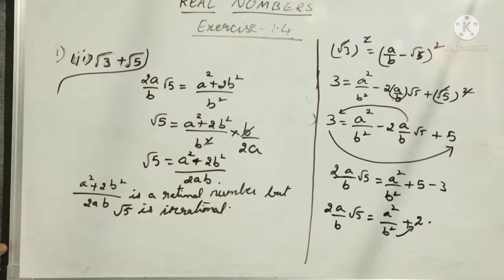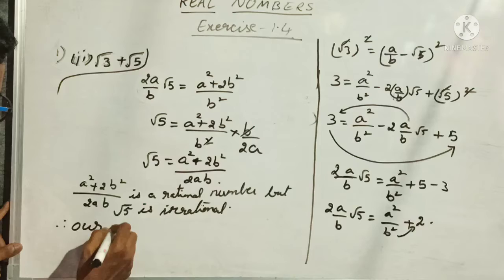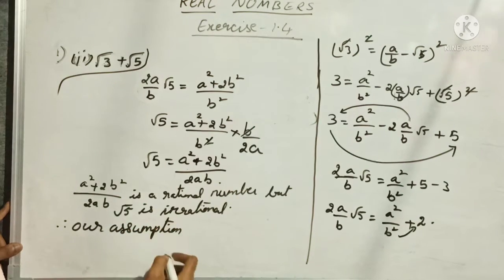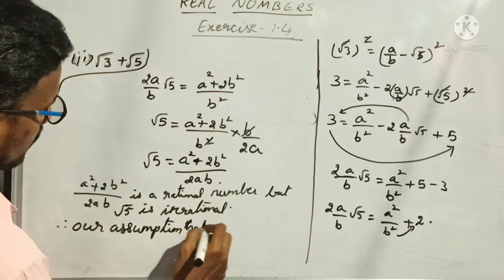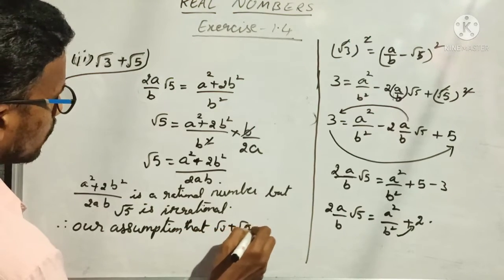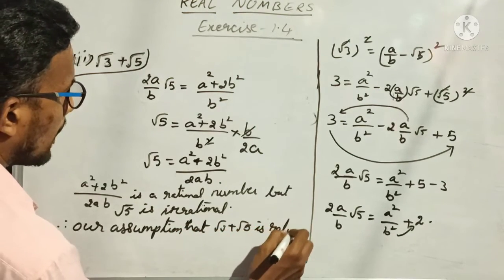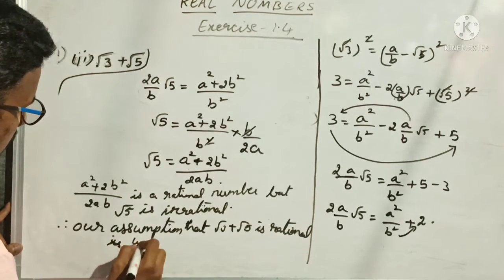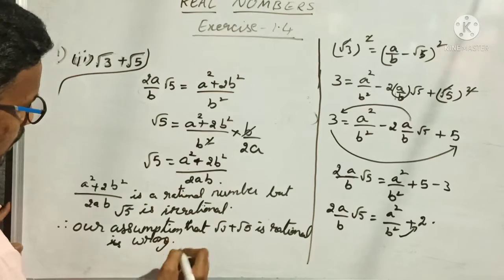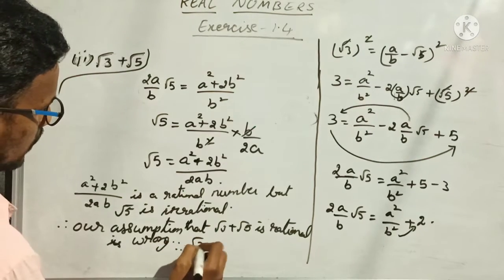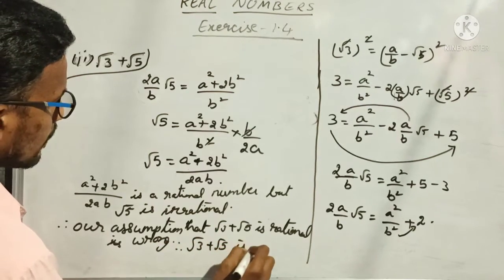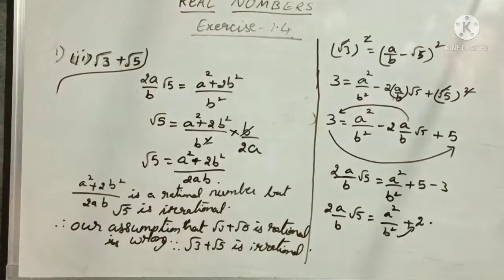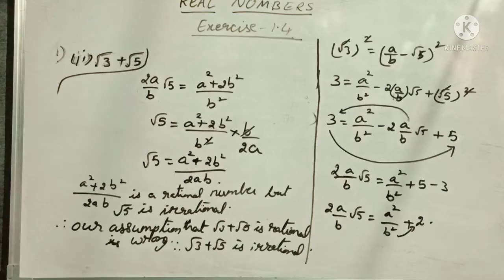Therefore our assumption that root 3 plus root 5 is rational is wrong. Therefore root 3 plus root 5 is irrational. This is how we have to prove the first problem.